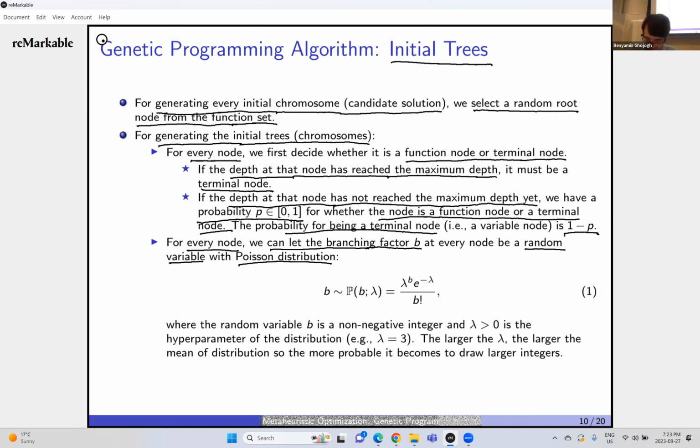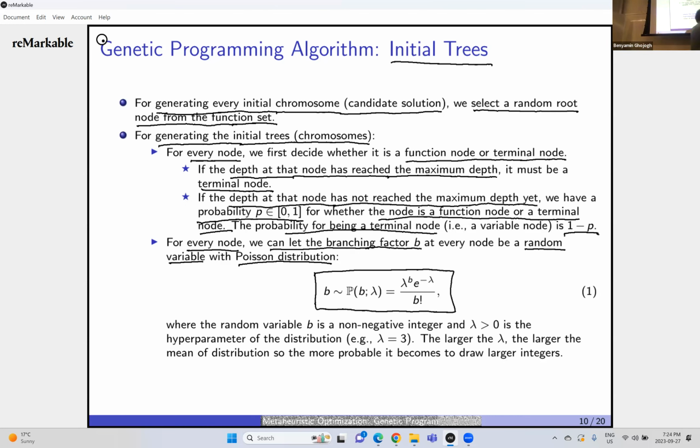Why do I need my distribution to be discrete? Because the branching factor is an integer: 1, 2, 3. It's a discrete variable. So I can let the branching factor also be random, and I can draw this random variable from some distribution. Let it be Poisson distribution.